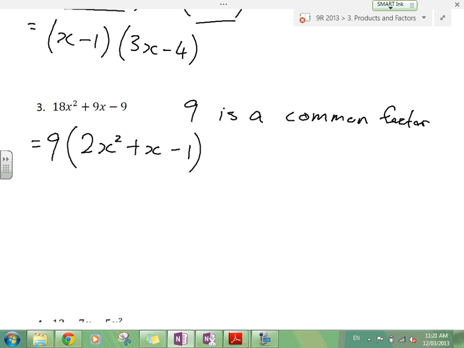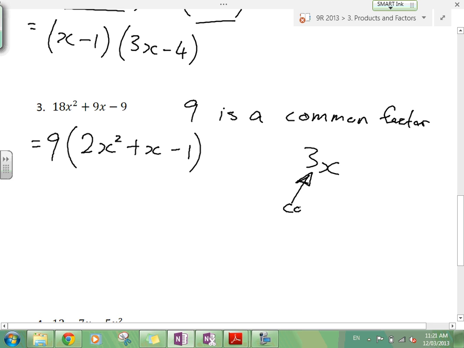And they have to multiply to the product of the x squared coefficient and the constant. If you have a term 3x, this 3 is the coefficient. That's the name for the number before the variable: the coefficient of that term.